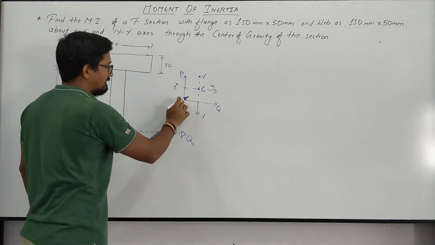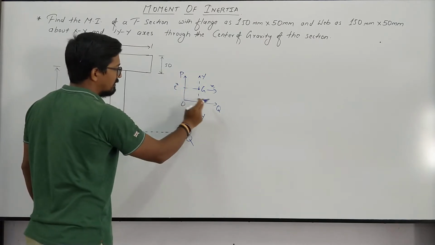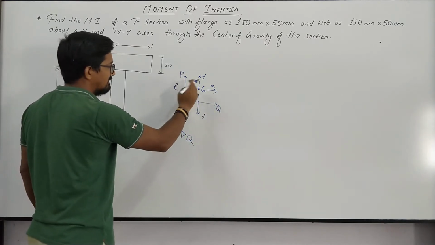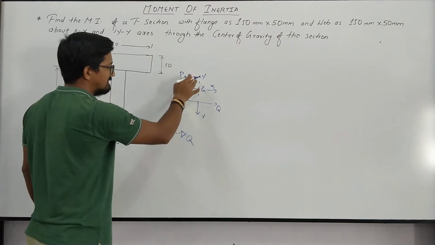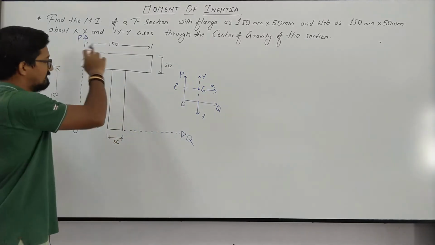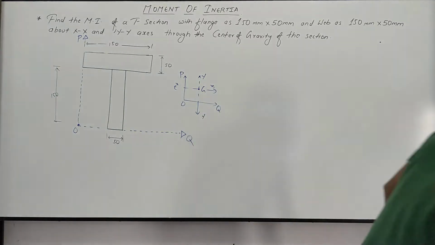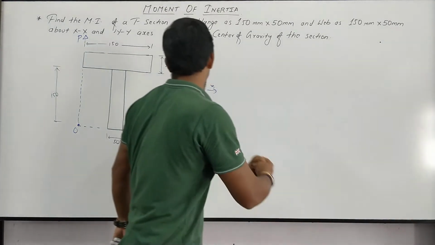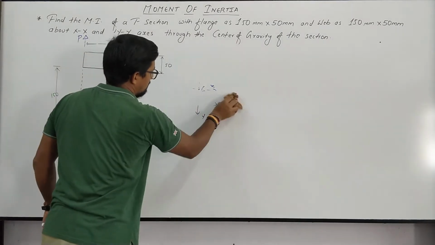So from where do the xx and the yy axis lie with respect to OP and OQ? We have to find this for this figure. I have already solved this in my earlier problems, you can check there.